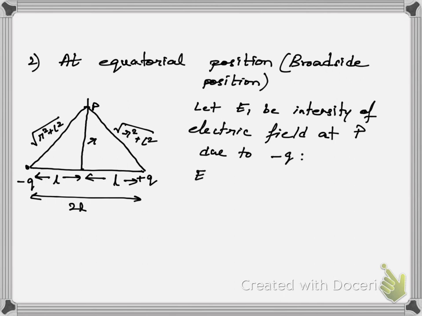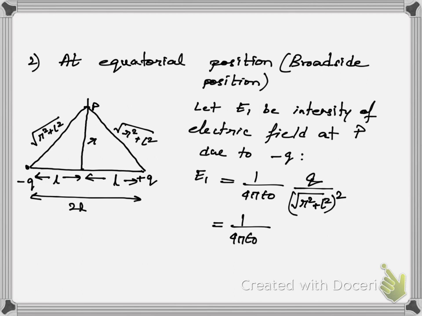Therefore E1 will be given as 1 by 4 pi epsilon naught q by the square of the distance, which is root under of r square plus L square whole square. This can be further simplified as 1 by 4 pi epsilon naught q by r square plus L square, and the direction of E1 will be towards the minus q charge.